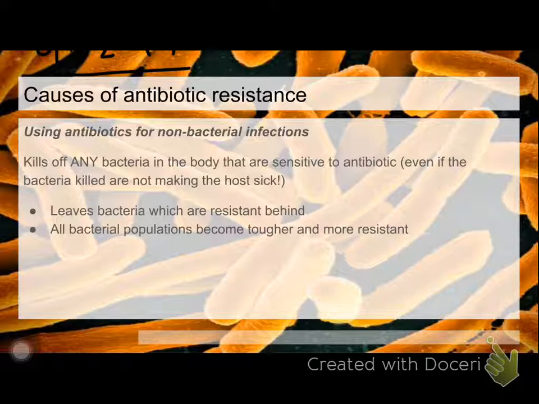So different antibiotics do target different bacteria, and we'll talk more about why they can target one and not the other. But a lot of antibiotics don't just kill one species of bacteria. They kill multiple species. So then they kill off the weak ones. Who's left when you're done with the antibiotics? The strong. The ones who can resist that antibiotic the next time.